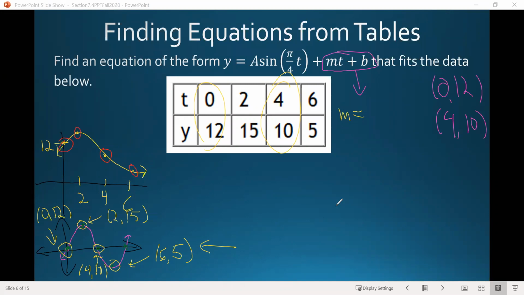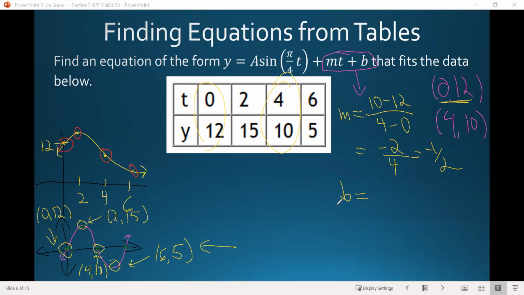Using our slope formula, we can write this as 10 minus 12 over 4 minus 0, which gives us negative 2 over 4, which equals negative 1/2 for our slope. And then to find the value for b, we could set up a linear equation and plug in a point and the slope and solve for b. Or we can recall that one way to think about the value for b is as the vertical intercept of a linear function.